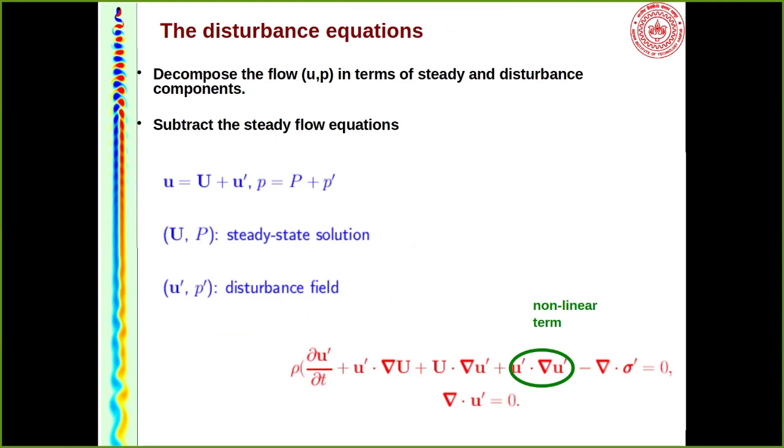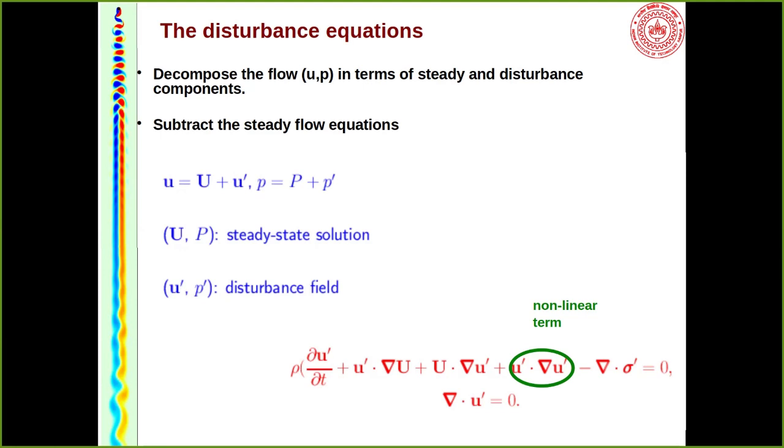So from the convection term, I have four terms. The steady state term is gone, and I have these three terms remaining. Notice these two are linear terms because they involve U prime only once. This guy involves quadratic form of U prime, so this is non-linear. Now I can make assumptions.